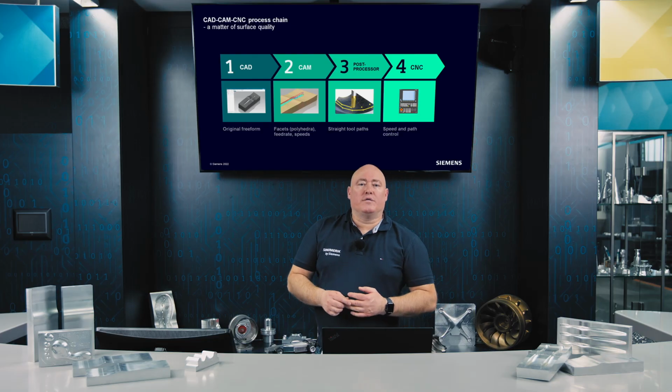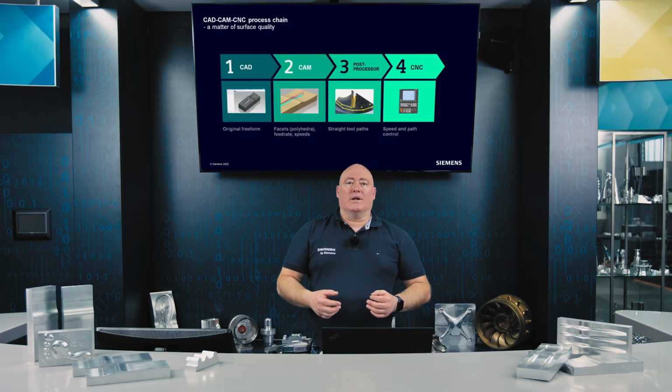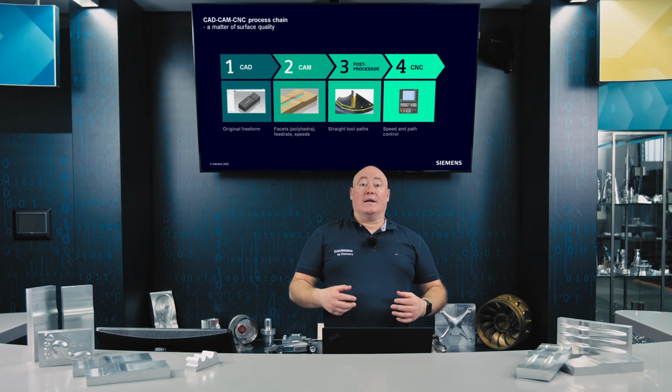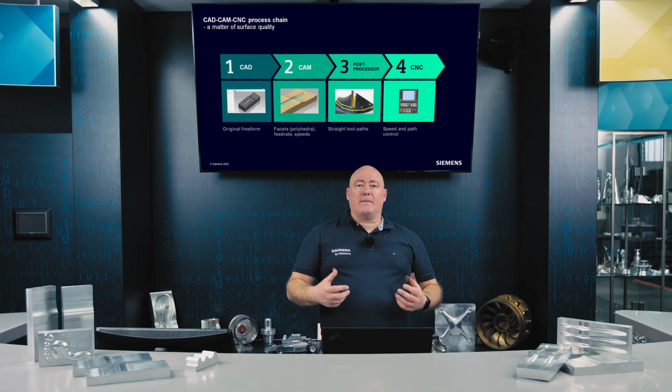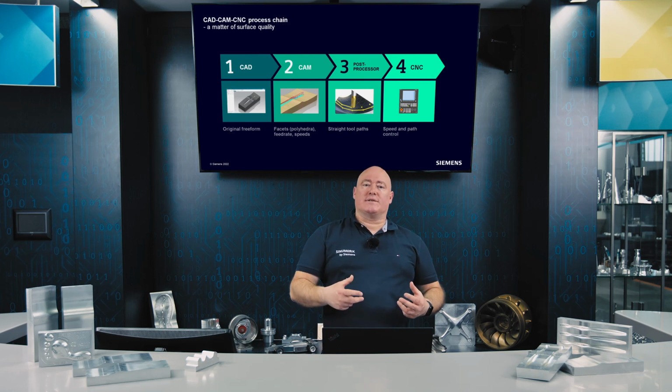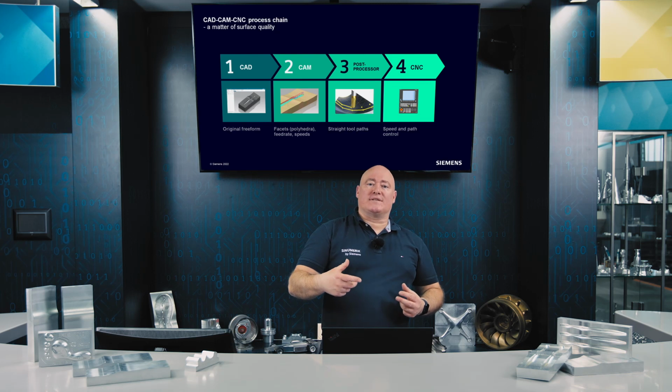A prerequisite for machining or milling freeform surfaces is a functioning CAD/CAM process chain. This CAD/CAM process chain consists of CAD, computer-aided design, CAM, computer-aided machining, and a post-processor, a subsequent process, as the name suggests.